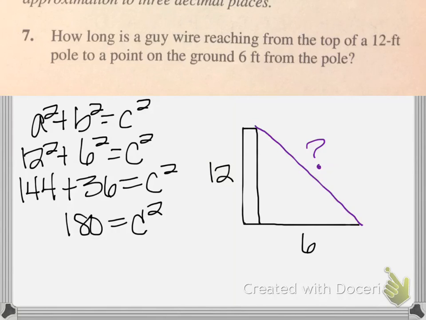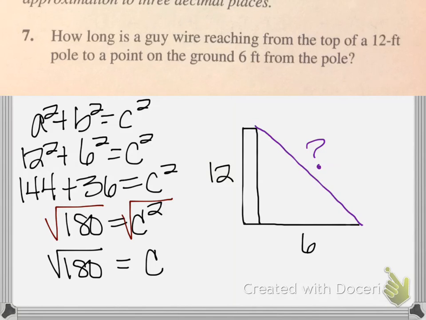And so I'm going to need to take the square root of both sides. That's going to give me c, which is the square root of 180. Since we're applying this, we wouldn't say that the measurement is the square root of 180. We definitely would approximate it. So c is approximately 13.416 feet, and that would be the length of the wire.